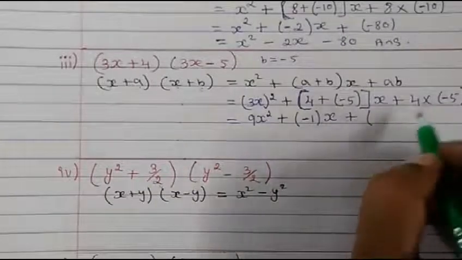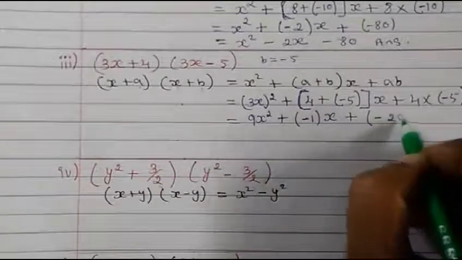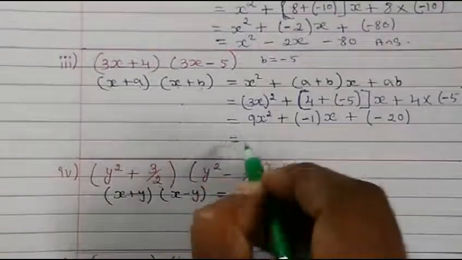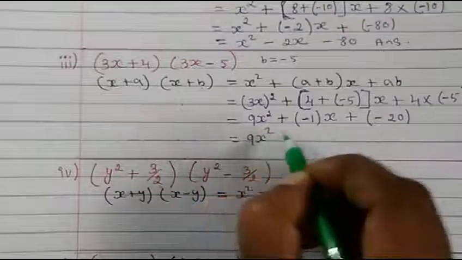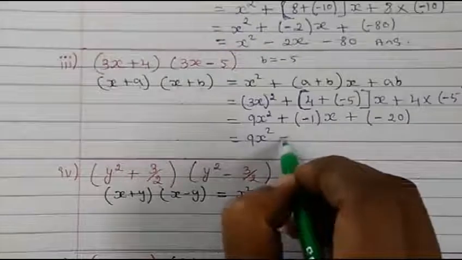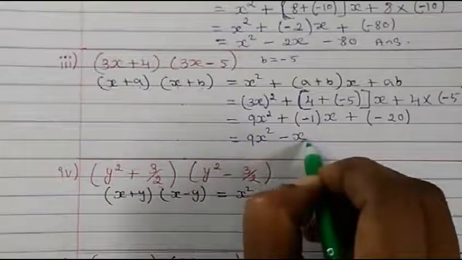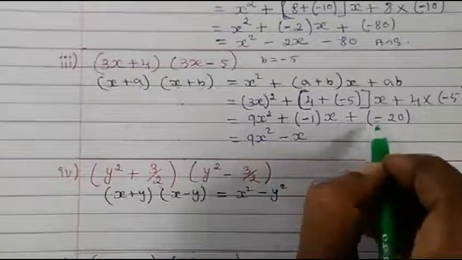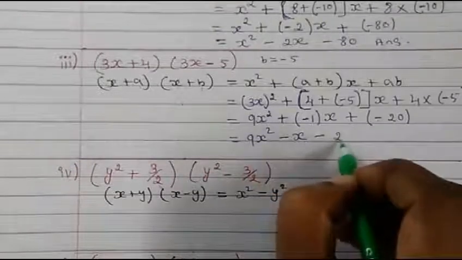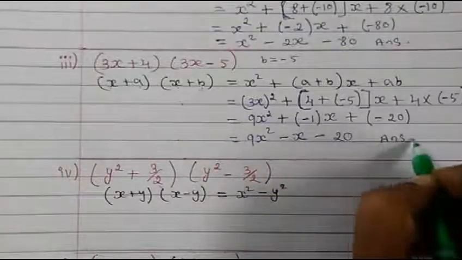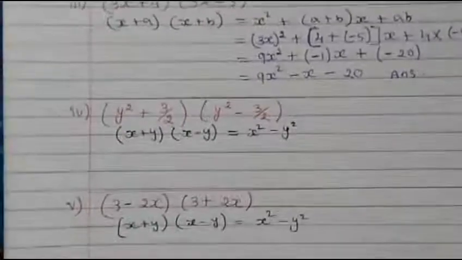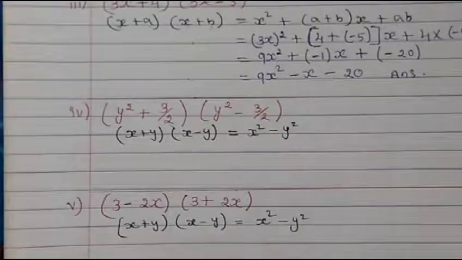Then plus, then 4 into minus 5. 4 into minus 5 will get minus 20. So now 9x square plus into minus 1 into x will have x, then plus into minus is 20 we have. That's the answer.